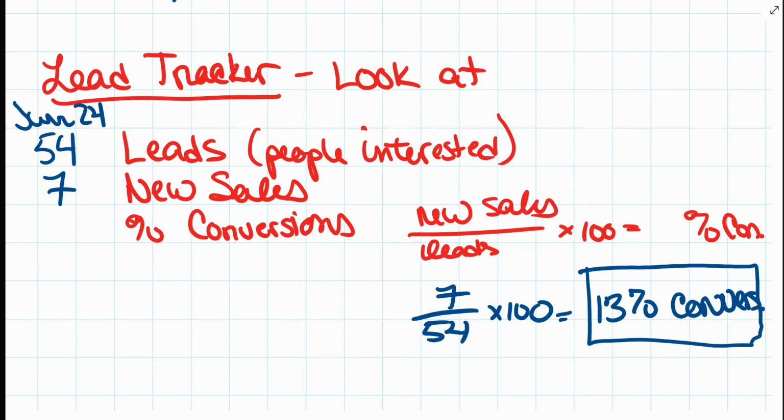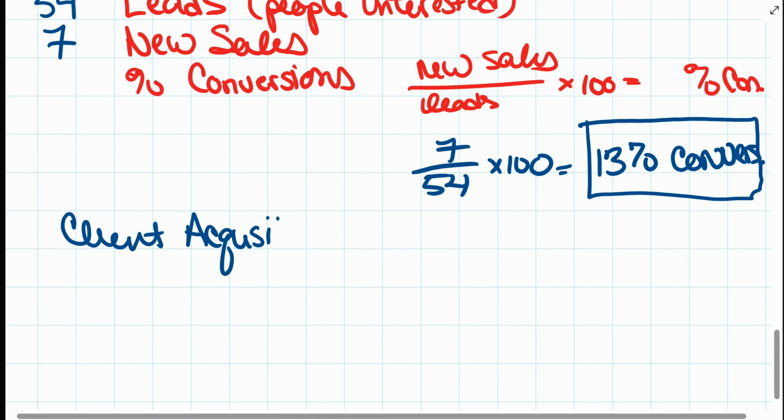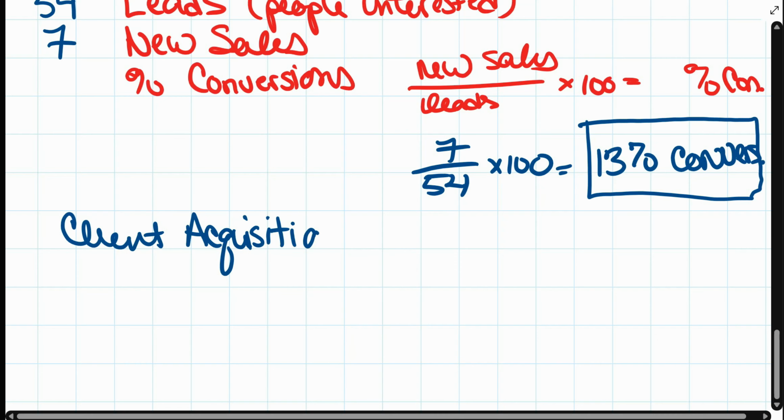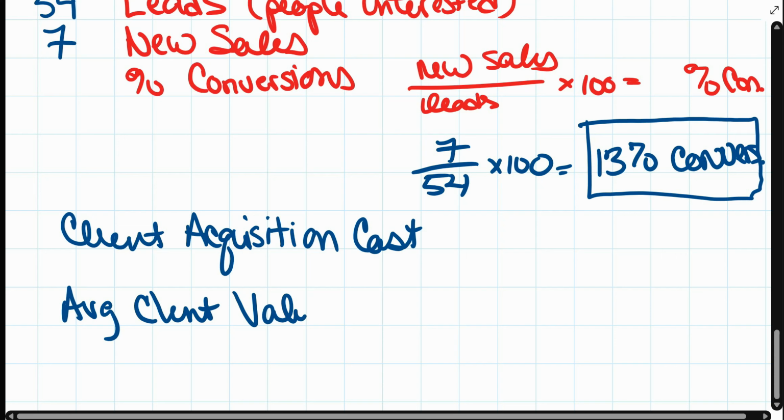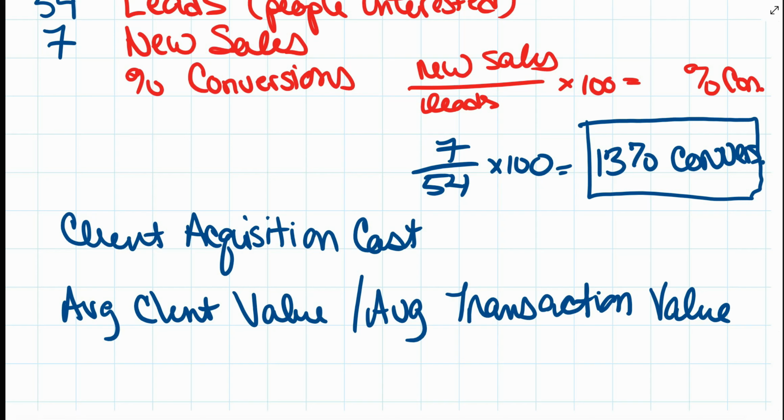So in short today, our video was taking a look at some important metrics here. I gave you an idea of our client acquisition cost. We showed how we can compare that to our average client value or our average transaction value to help us determine whether we are or are not profitable, or if our marketing efforts are or are not effective, right?